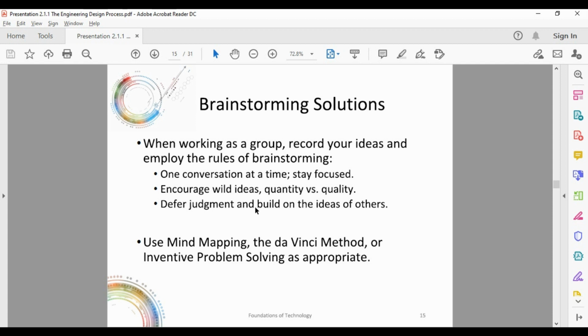And defer judgment and build on the ideas of others. This is the, there are no stupid questions kind of scenario. If you don't like an idea, we have a tendency when somebody gives an idea that isn't something we were already thinking, we tend to argue against it just because it wasn't our idea.